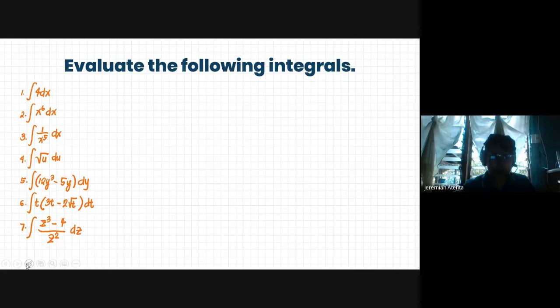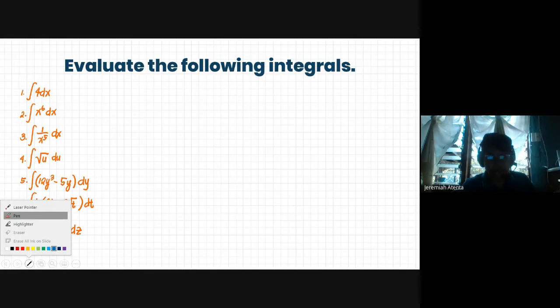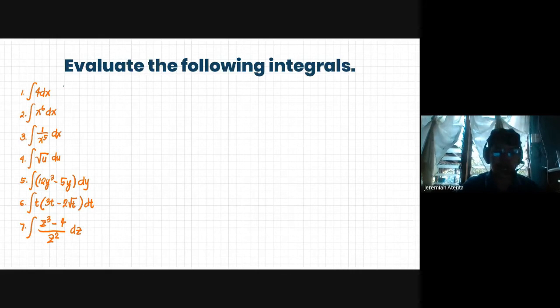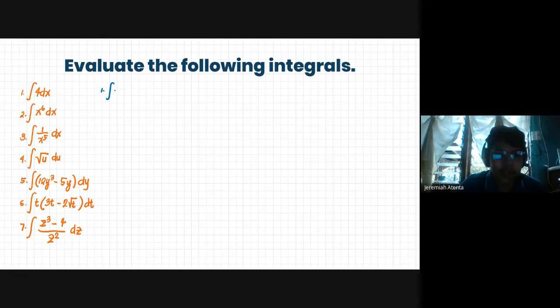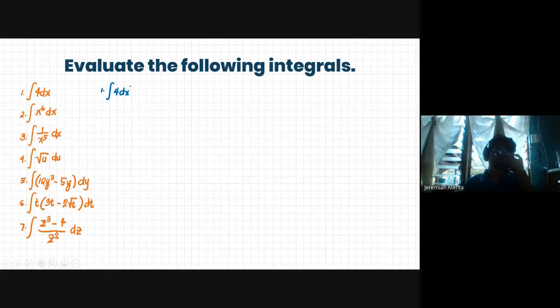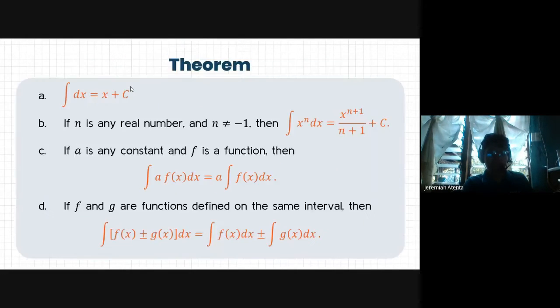Okay? So, number 1. Attentive pa naman kayo so far. Okay? So, let's have number 1. Number 1, we have the integral of 4dx. Ayan. Now, from the theorems, we only have integral of dx, right? Dapat 1 dx yan. But take note, 4 can be written as 4 times 1.